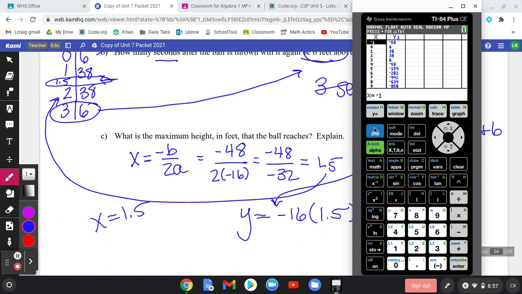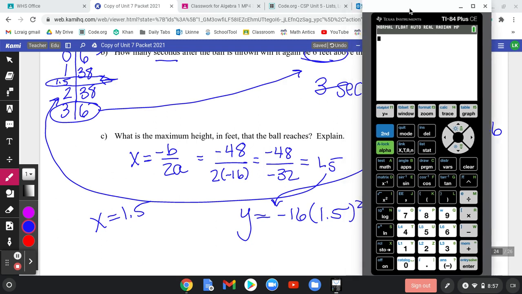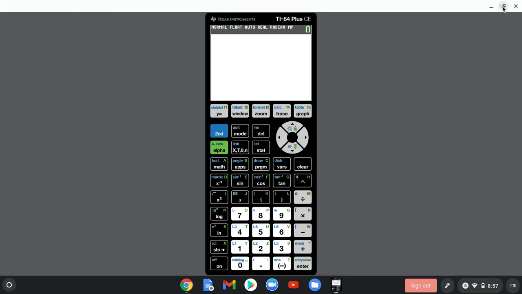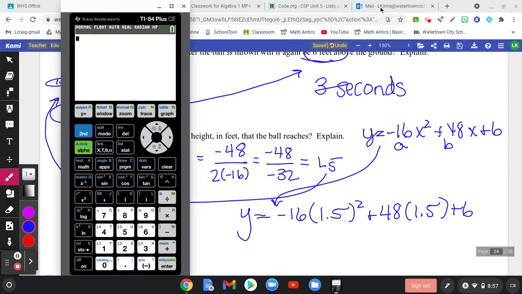Now you can type, well, first hit second mode, quit back to the main screen. You could type 1.5 in every time like I did, like I wrote it, or you could remember to tell your calculator to store it, 1.5, store x, enter. So then you can just type x instead, negative 16x squared plus 48x plus 6.